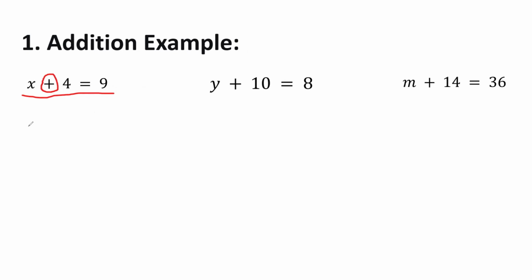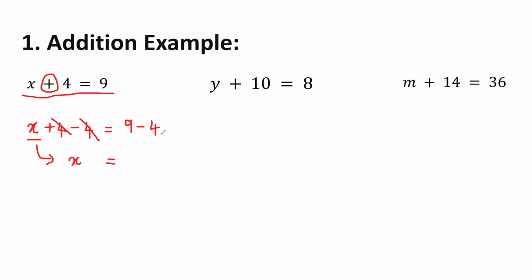Let's see how we can do that. x is there, plus 4 is there. So you have to do the minus operation, and likewise you have to do it for this side as well. Now you can see plus and minus will be cancelled, so x remains. That's how you isolate the x.